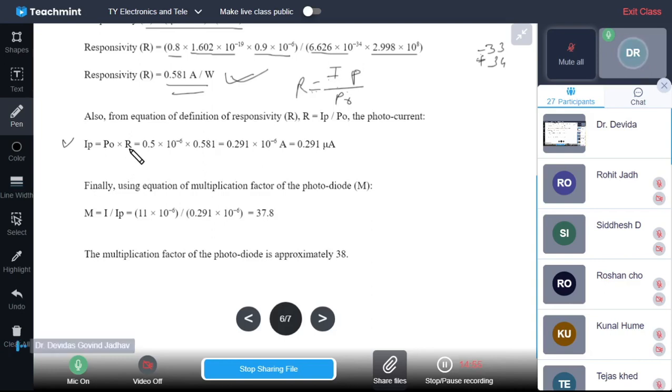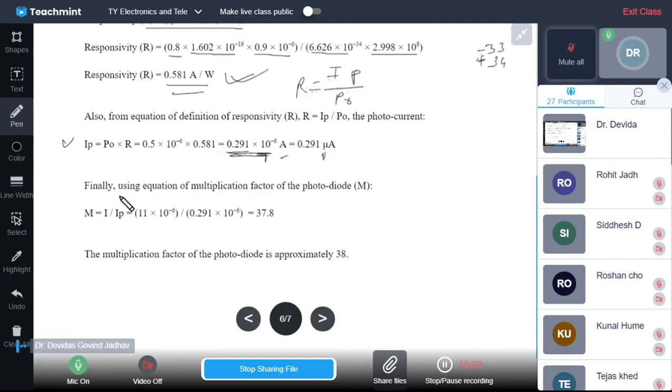PO is given, R is calculated. 0.5 10 raised to minus 6 and this 0.581. So multiply 0.5 into 0.581, it will become 0.291 and 10 raised to minus 6 ampere current. So this 10 raised to minus 6 you can convert as micro, 0.291 microampere. But in calculation we have to take 0.291 into 10 raised to minus 6.